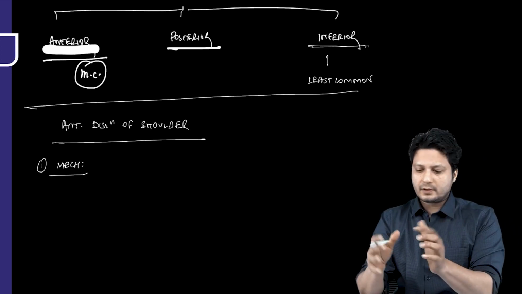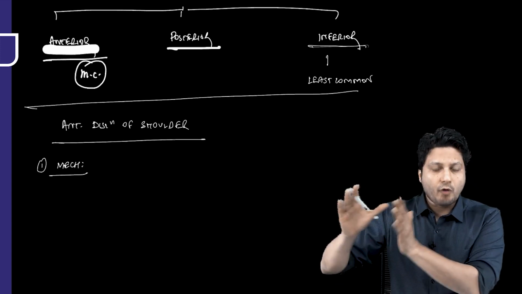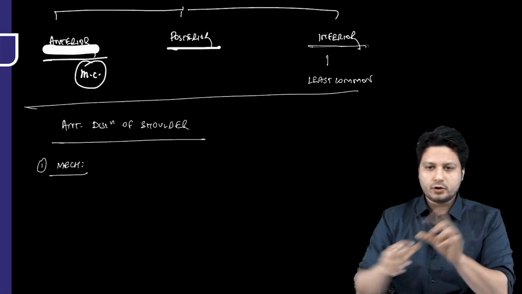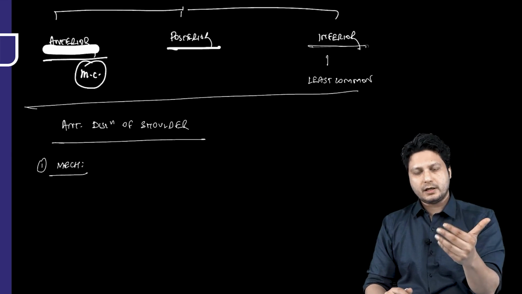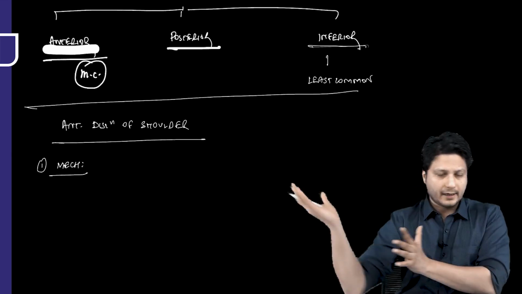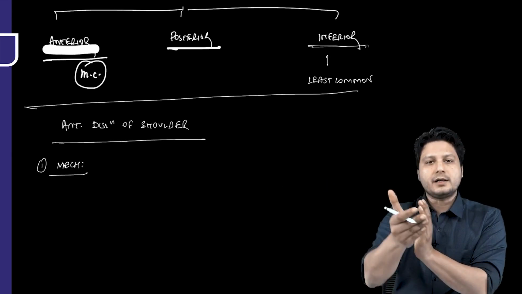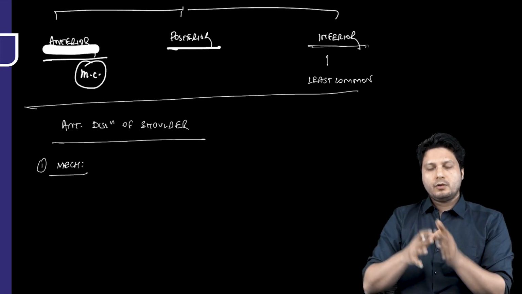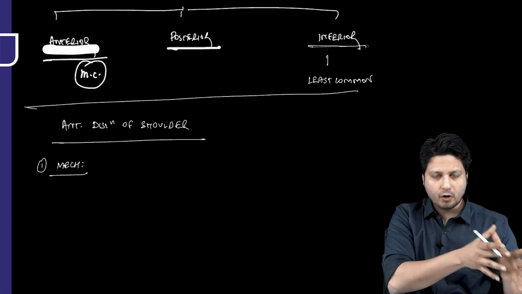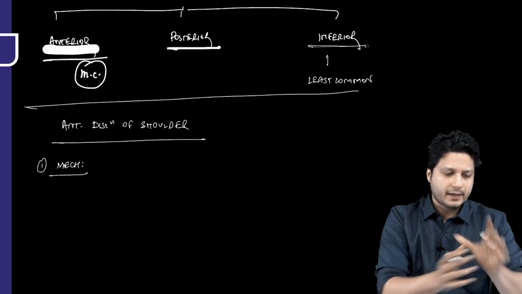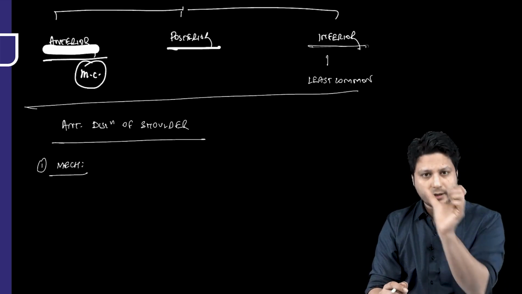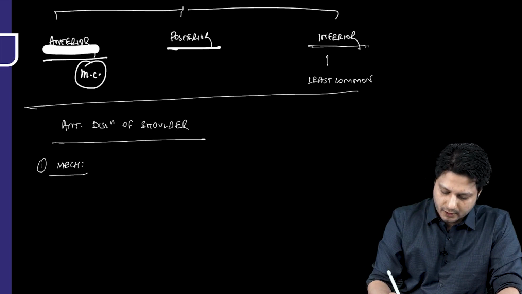Now, the mechanism is when a patient falls on an outstretched hand. Although any mode of injury which has resulted in external rotation and abduction of the arm can result in anterior dislocation, fall on outstretched arm is considered to be the mode of injury theoretically for anterior dislocation of the shoulder. So, it is fall on outstretched arm.